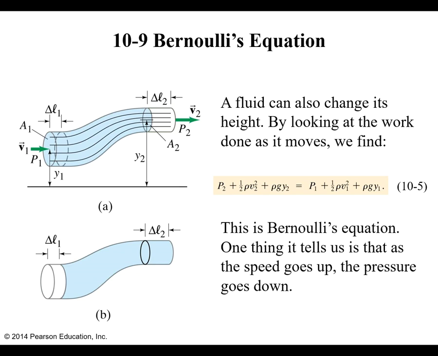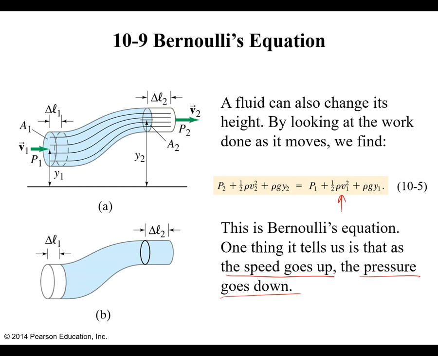It talks about the work done on a fluid, conservation of energy, due to differences in pressure, differences in velocities, and differences in heights. So one thing that's very important to note here is that as the speed goes up, that means that the pressure goes down. What does that mean?